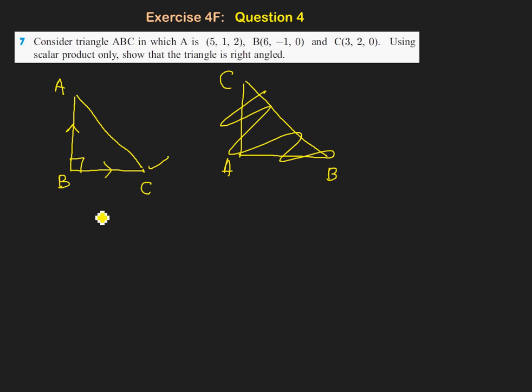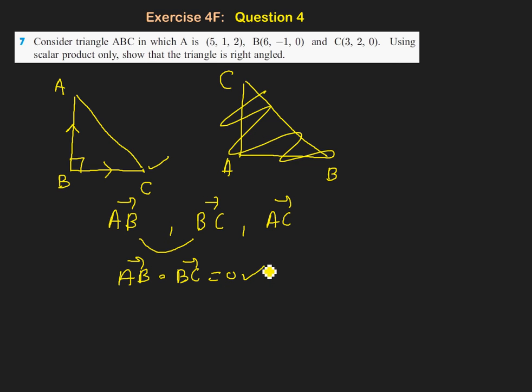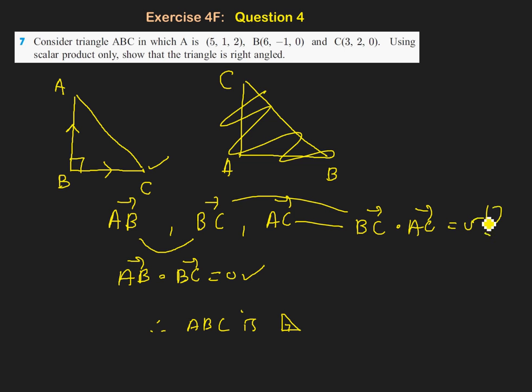So what you need to do is find AB, you will probably need to find BC, I think you need to find AC also, and you perform the dot, you dot AB with BC. If it's 0, then you're done. Then you just say, therefore ABC is a right angle triangle. Or if it's not 0, then you continue by doing the dot of these two, and if it's 0, then again you can make this conclusion.